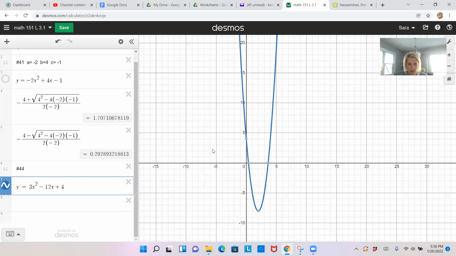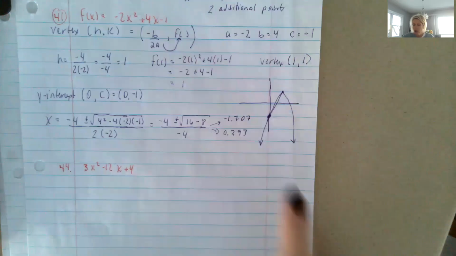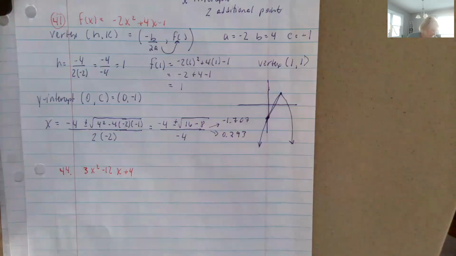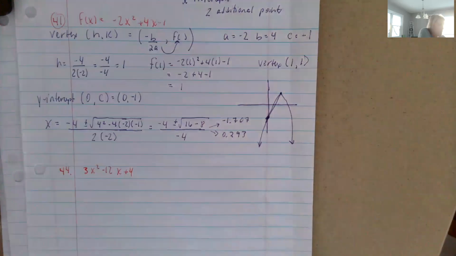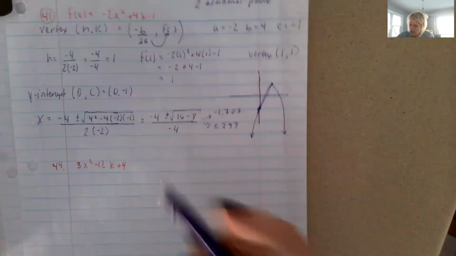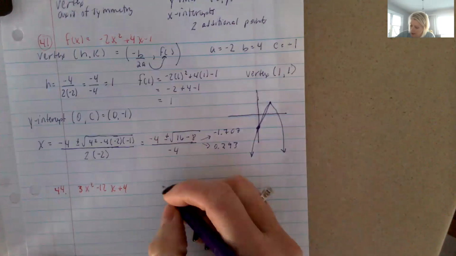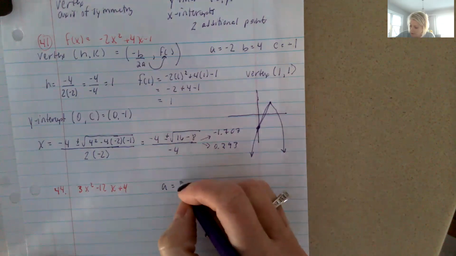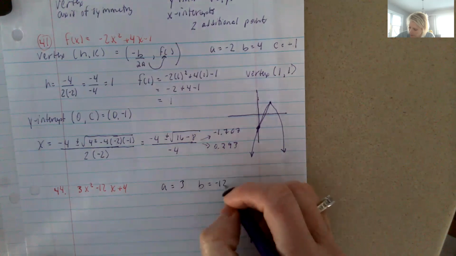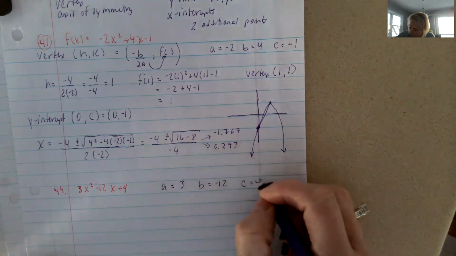So let's go back to my paper and just wanted to remind you of how close I was in my graph on the last one in 41. Pretty darn close. Okay, so let's just write out a equals 3, b equals negative 12, and c equals 4.